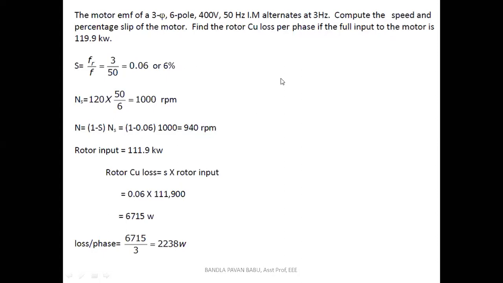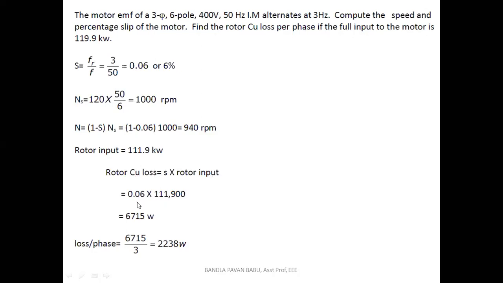And next case, what is the next constraint? The rotor input is here, some data is missing there. Consider it as 111.9. So here the rotor input is 111.9, and we need to find out the losses, right? So power loss PC equal to S into P2. Earlier we have derived the equation there. So once again I'm repeating, PC, the copper losses, is equal to S into P2.